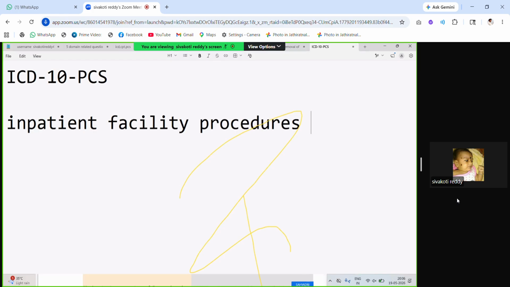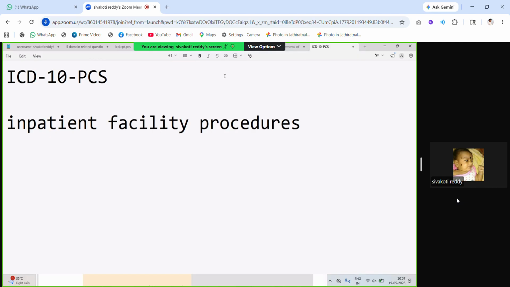If they perform the procedure in an outpatient setting, we go with CPT codes. If it is done in an inpatient facility, we go with PCS codes. For diagnosis, either inpatient or outpatient, ICD-10-CM codes. These three books we are going to use for the exam: for diagnosis, 10 CM; for outpatient procedures, CPT; for inpatient procedures, PCS.